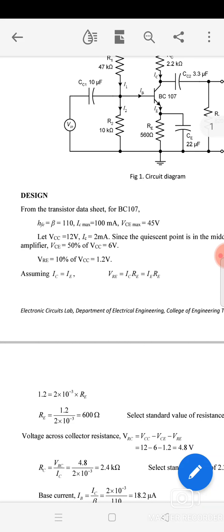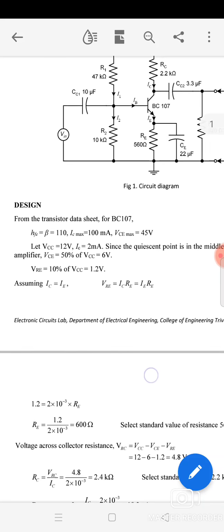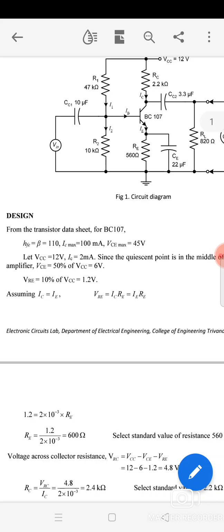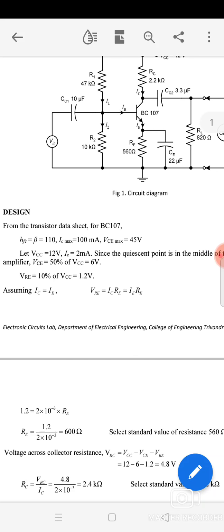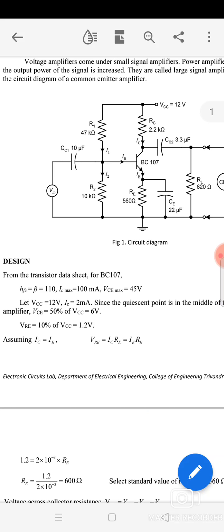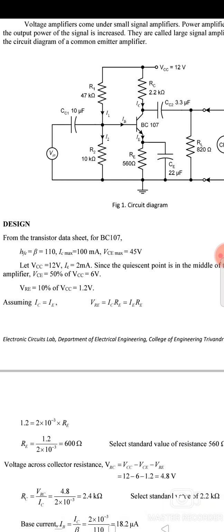Next, VRE is equal to, what is VRE there? Emitter terminal voltage. Emitter terminal voltage is equal to 10% of VCC. VCC is how much? 12 volts. So 10% of VCC is considered.